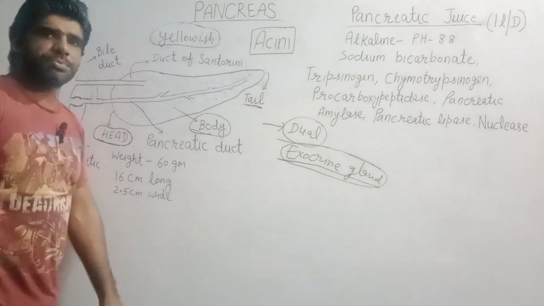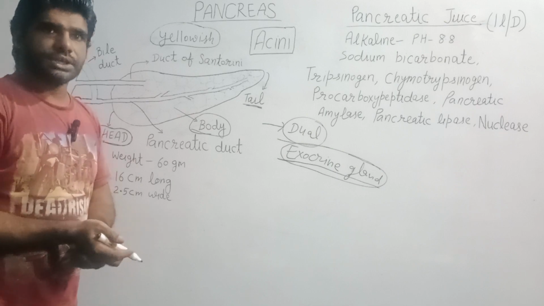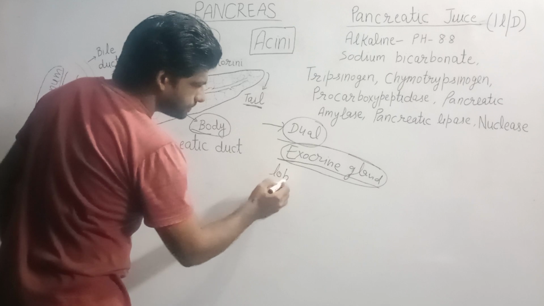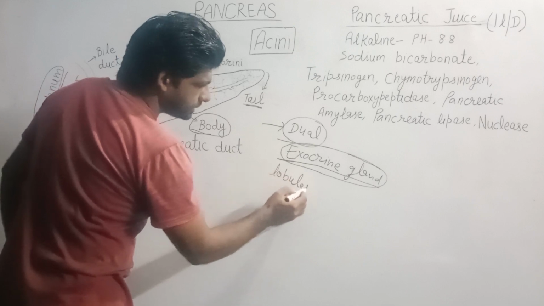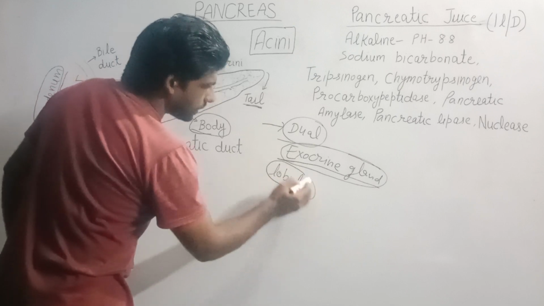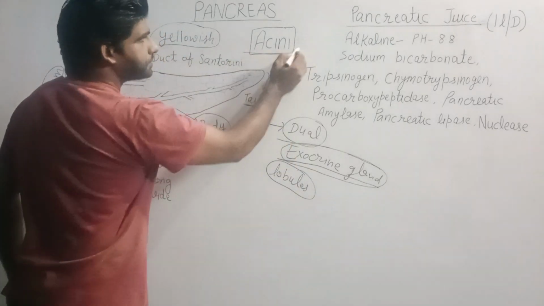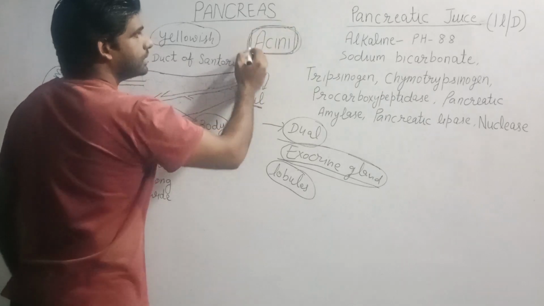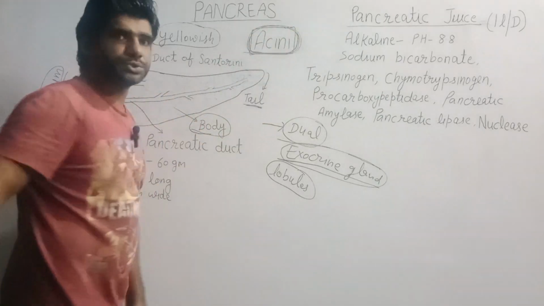The exocrine part of pancreas contains many lobules. These lobules are also called acini. So these are the acini which secrete pancreatic juice.